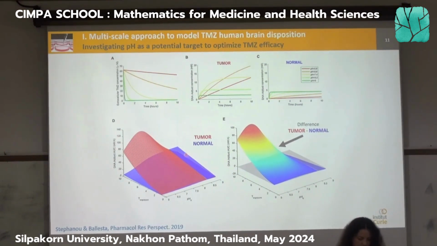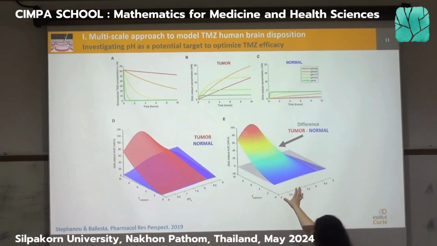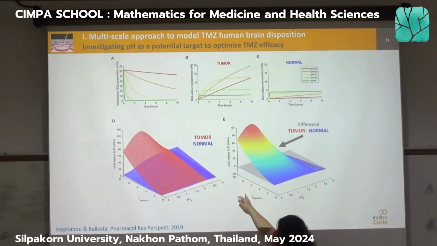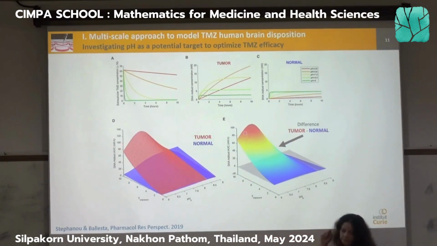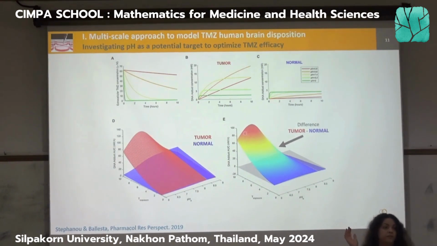And if you just compute the difference between the tumor and the normal, you get this surface. And as you can see, in the red, you do have an optimal pH here, and of course an optimal exposure time, which is long, or the longest, for maximizing the difference between tumor and healthy.